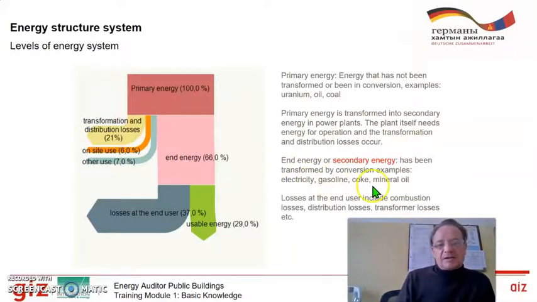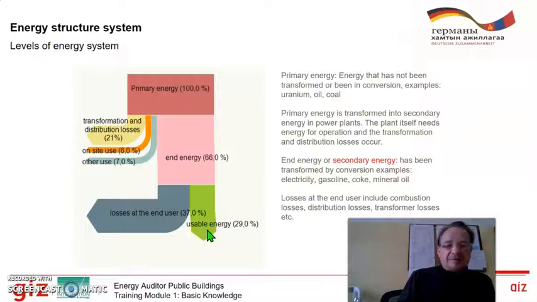Examples: electricity, gasoline, coke, mineral oil. So that is the energy which is transformed. So losses at the end user include combustion losses, distribution losses, transformation losses. These are the losses here at the end user, and this is the usable energy in the building then.